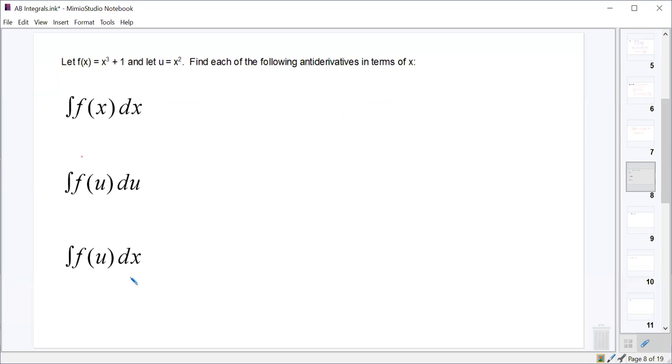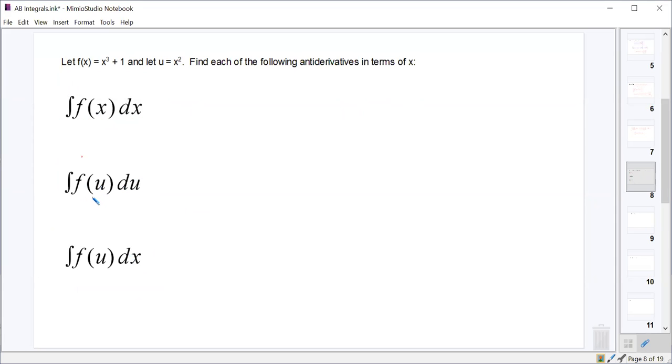The most important thing we'll notice is that these two, f of u and f of u, which are the same function, will give us different answers depending on if we integrate in terms of u or in terms of x. One important thing to note always about integrals is that the variable inside the function has to match up with the variable of the dx or the du. So f of x dx, I should be able to integrate straight up the way it is. F of u du, I should be able to integrate.